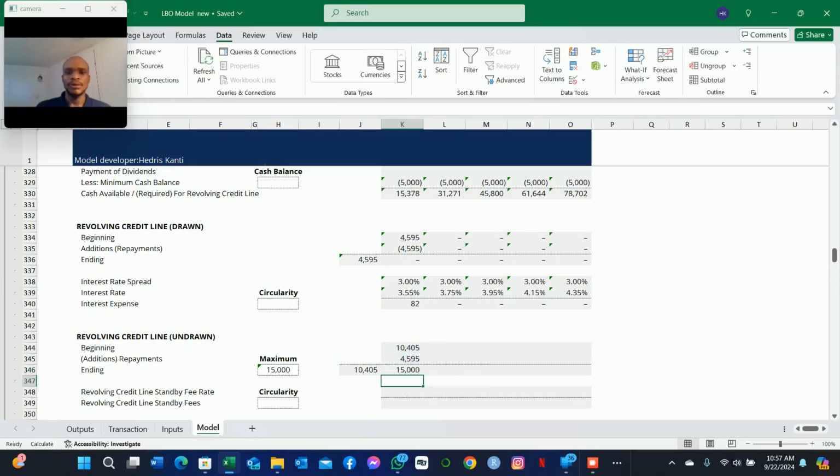So the interest that is going to be calculated for these additions that will be made to this line of credit will be based on a standby fee. The standby fee is the fee that is included to pay this line of credit, no matter what happens to this debt.